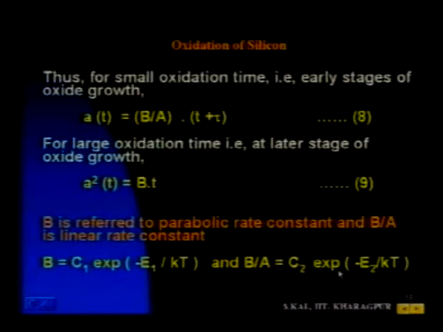So from these kinetics of oxide growth, you will be able to find the oxide thickness for a certain oxidation condition. That means, if you are told that the temperature is such, time is such, how much is the oxide thickness, you should be able to determine, provided you are given the values of B and B by A.